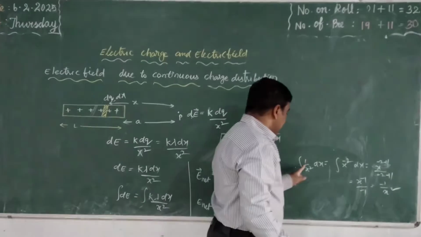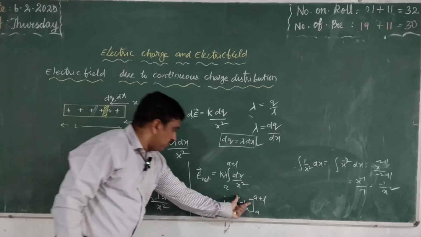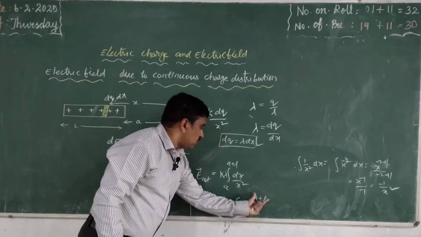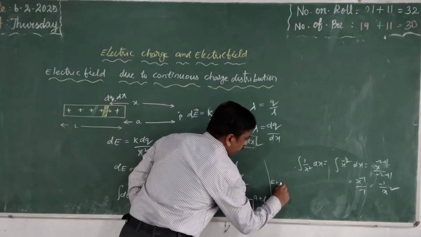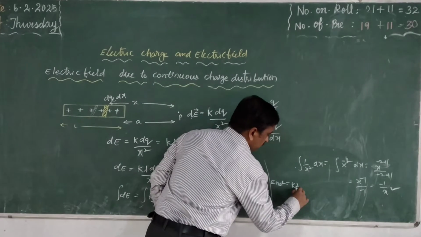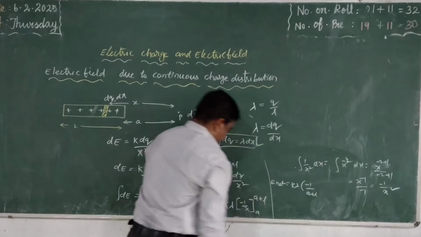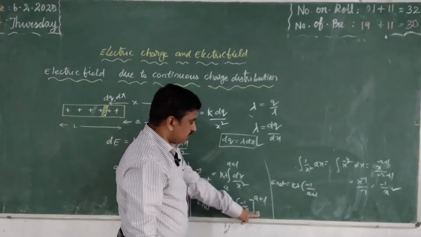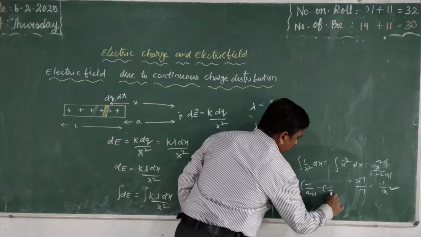So E net equals k lambda times minus 1 by a plus L, minus of the lower limit, minus of minus 1 by a.